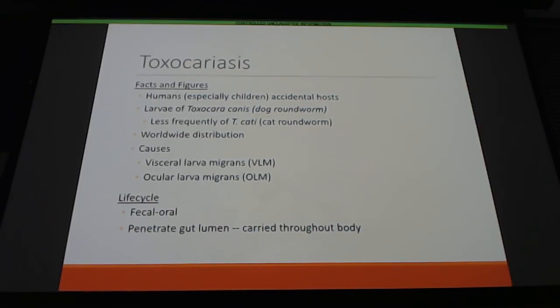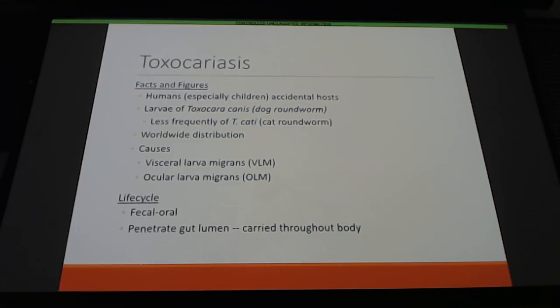The visceral larva migrans, once it gets down into your intestinal tract, it'll burrow its way through your intestinal lining and it'll migrate over to the liver. Okay? It's one of the more common areas. It can go to your central nervous system, it can go to your eye, which would be the other one, it can go to your bones, it can go to your muscles, but one of the more common places it likes to go would be your liver.